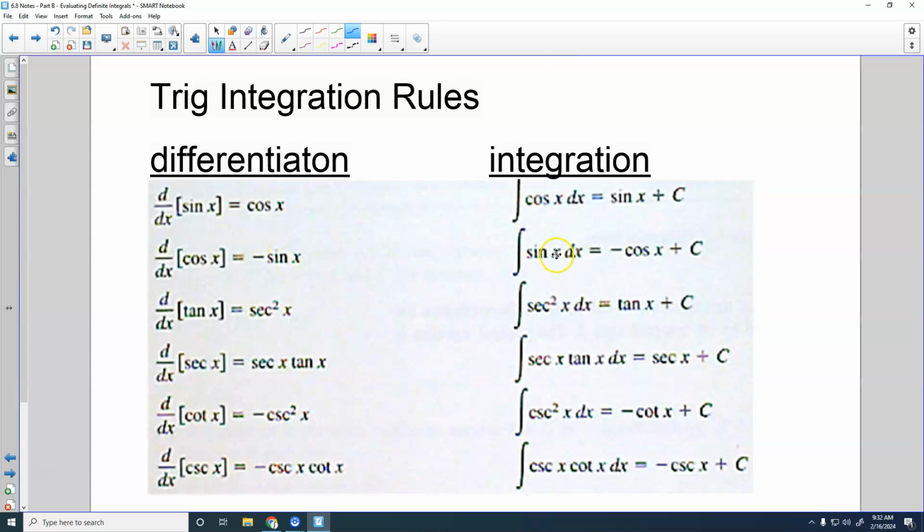So if we integrate sine, it gives us negative cosine. So the signs are backwards on the integration as they are on differentiation. If you are integrating negative cosine, it would be negative sine.